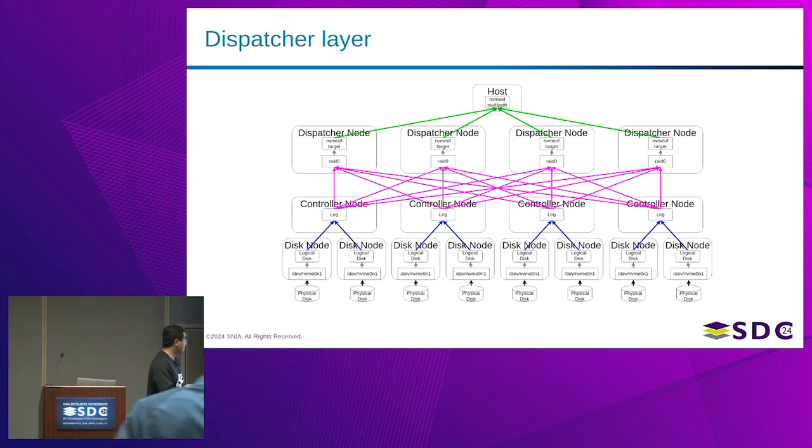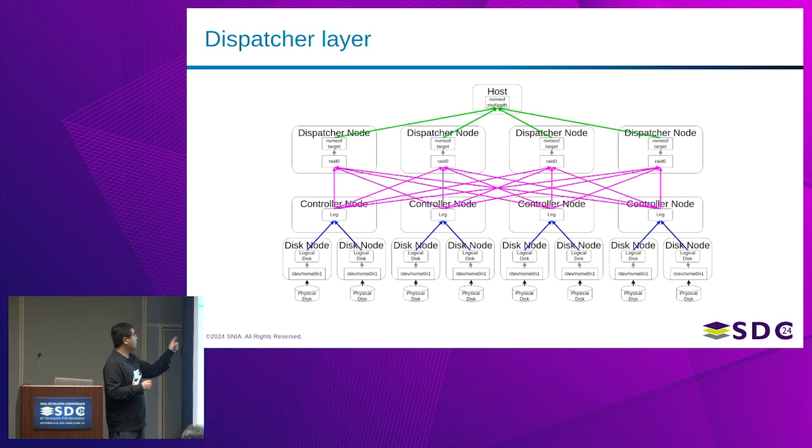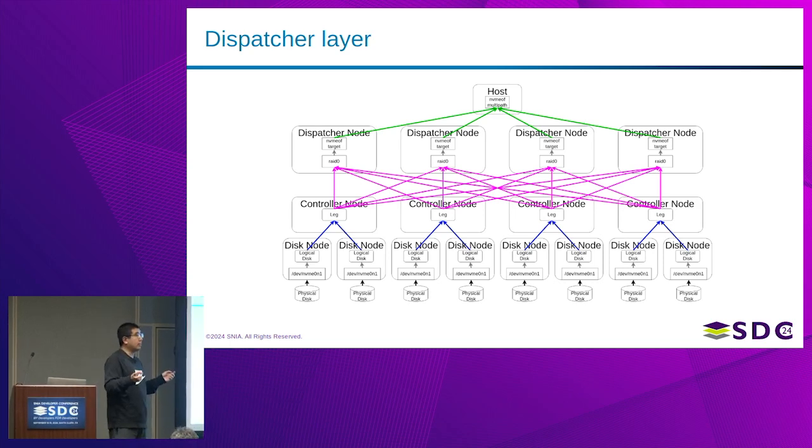We can add a dispatcher layer and create a RAID 0 on the dispatcher layer. In this case, we have multiple active controllers, each active controller on parts of the virtual disk, and we can create a RAID 0 on all these active controllers. So there are multiple RAID 0, but they are exactly the same thing.